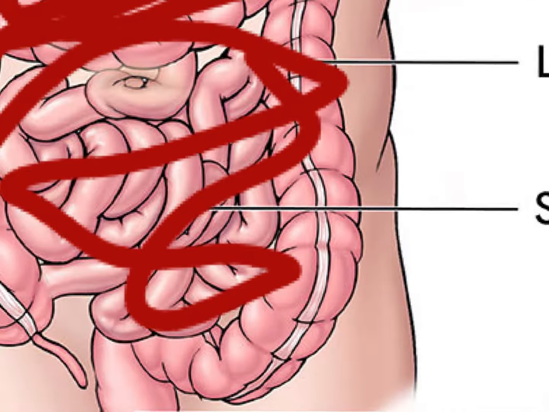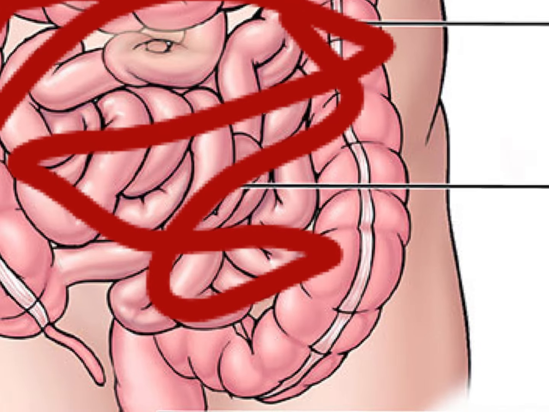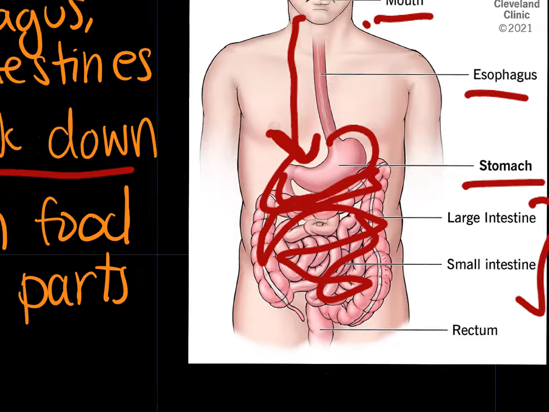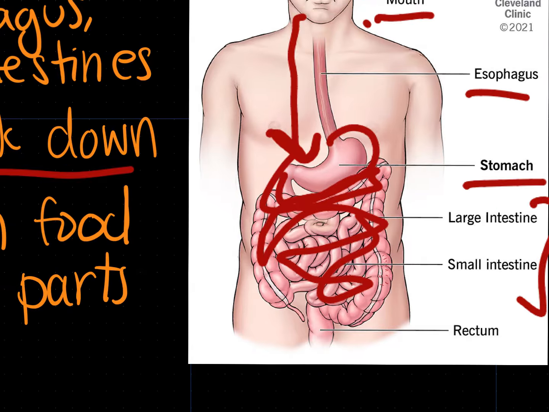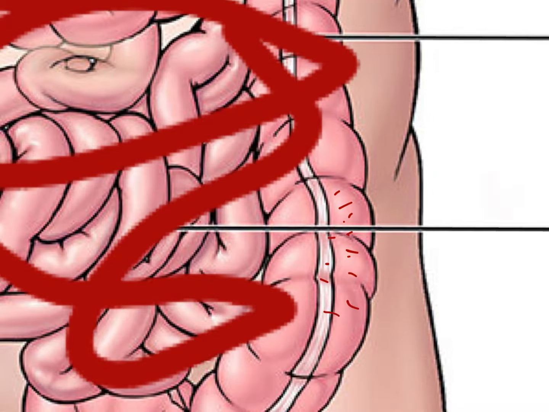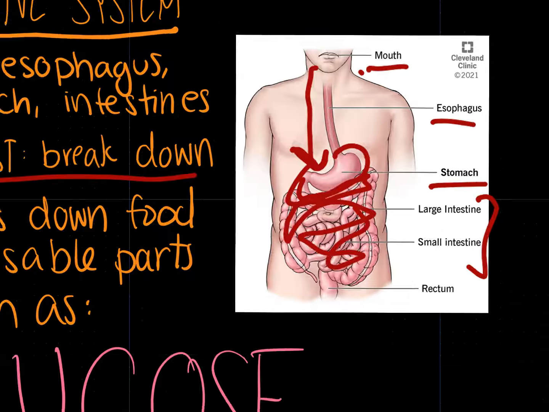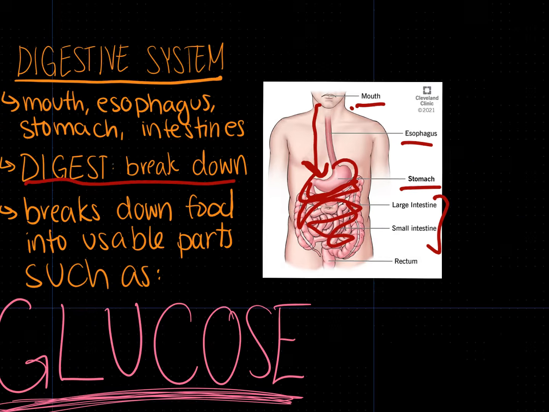And in these intestines, along all the walls of the intestines, there are little parts of our intestine that are absorbing the nutrients from our food. So once all that glucose has been broken down from our food, it's absorbed by our intestines, and then it needs to get to our mitochondria. So we'll come back to that in a second. We're just going to talk about how we get oxygen first.